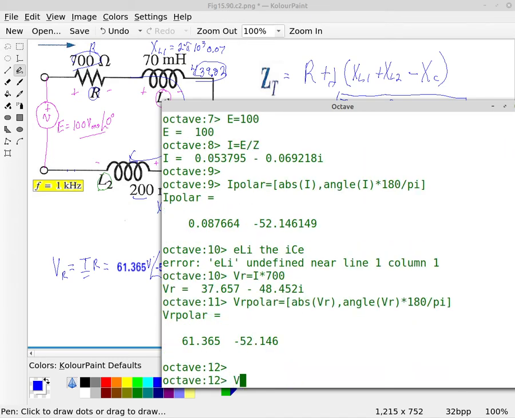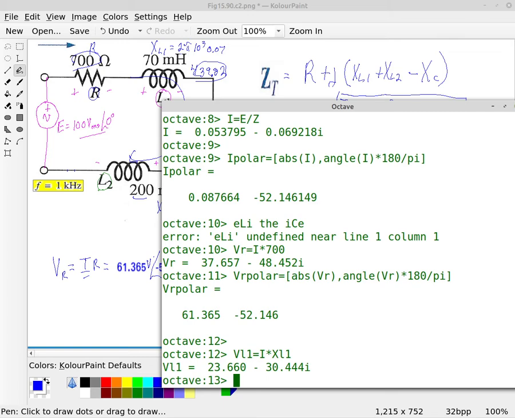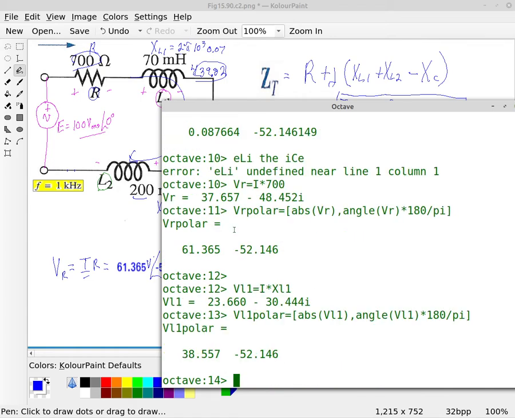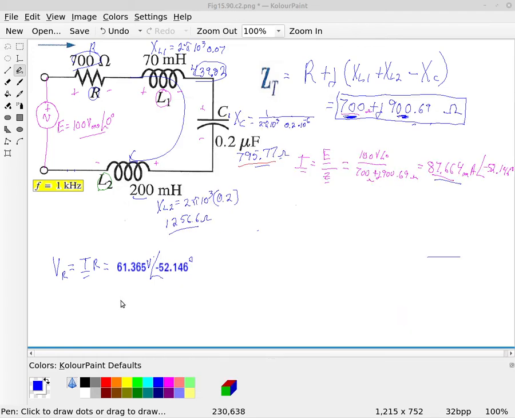So I can just say VL1 is equal to I times XL1. That gives me the rectangular form, and so I'll just recall this and change the R's to L1 to get the polar form. Okay, so VL1 is 38.5 volts.